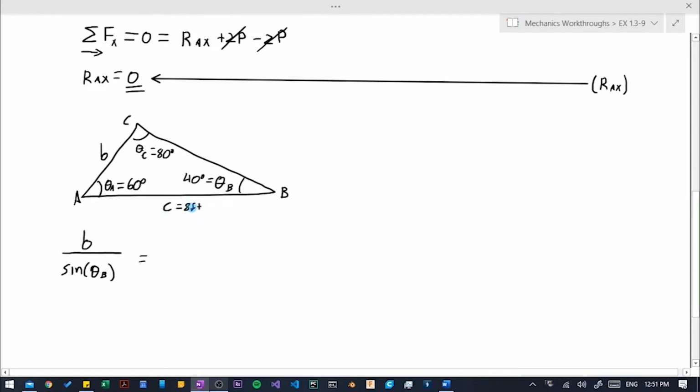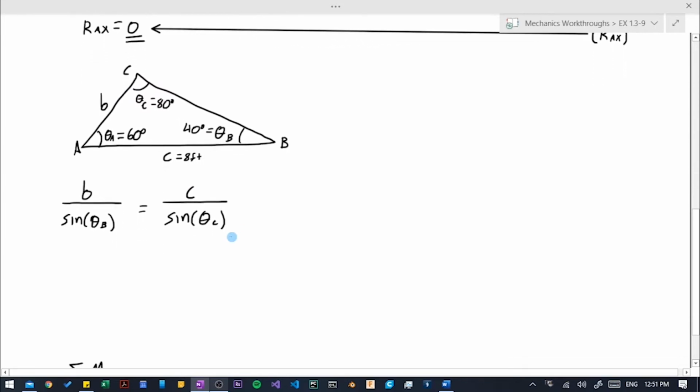And so since we know the length of side C, we're going to use that one and divide by the sine of the angle of its opposite corner, which is theta C. And you can see B is the only unknown here, so we can rearrange to find it.